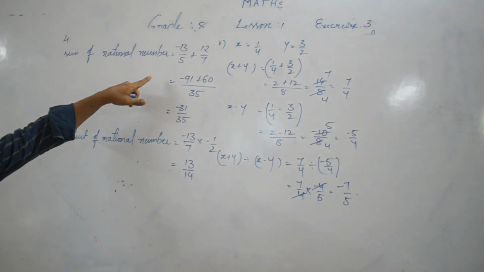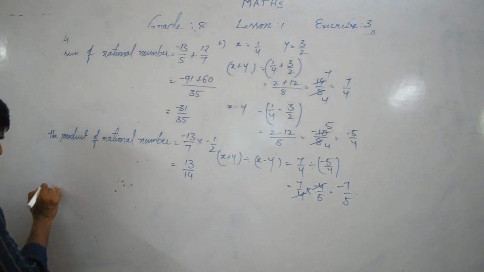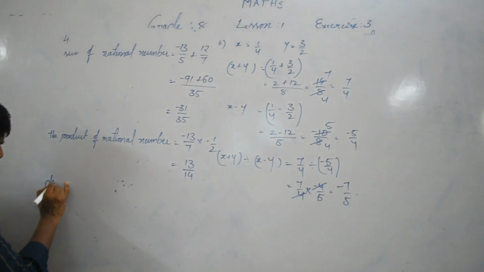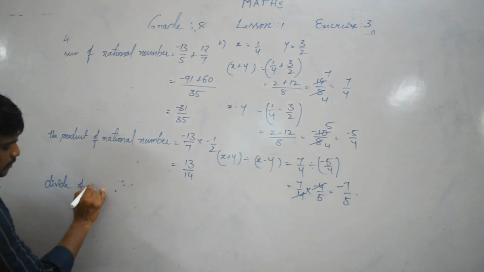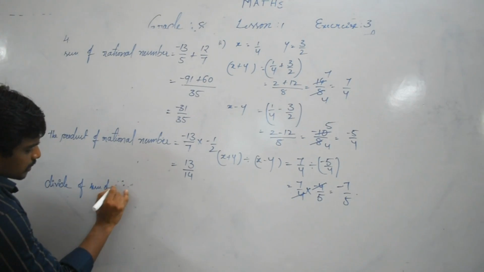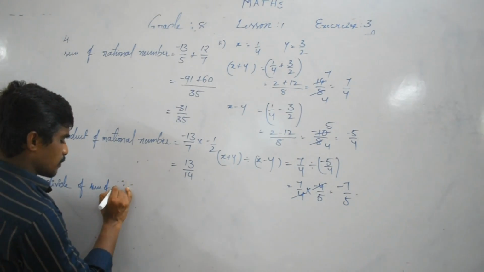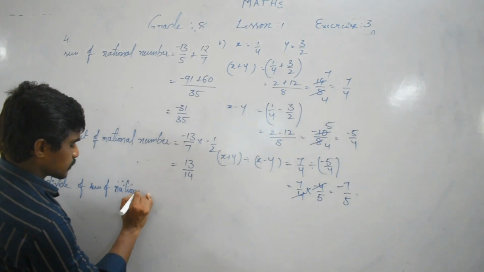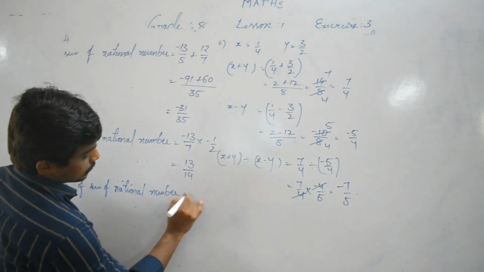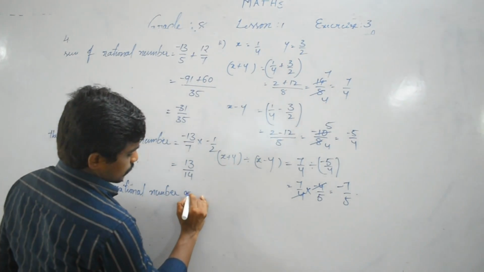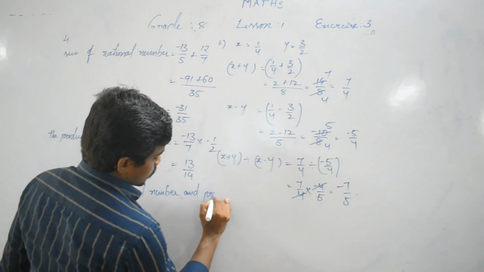Here division, divide of sum of two rational numbers and product of rational numbers.